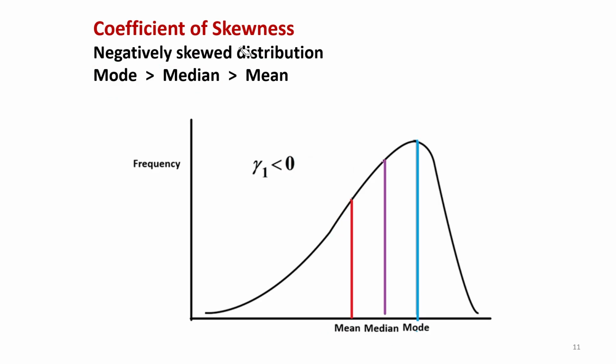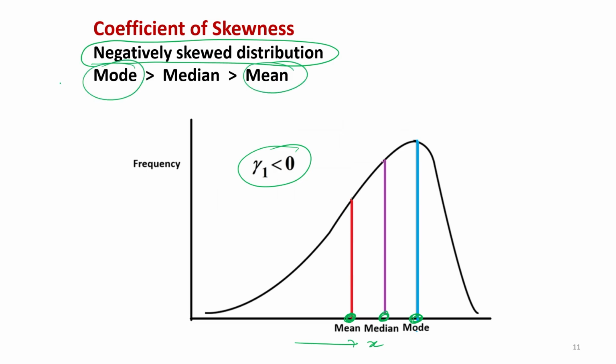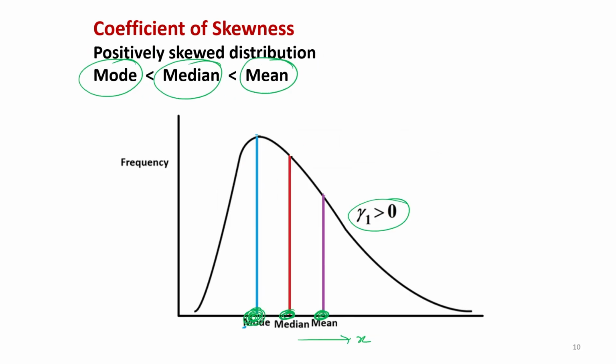And similarly, if you take the case of negatively skewed distribution, then in this case gamma 1 will be less than 0, but here this will just be reversed. Mean value will be somewhere here, median will be after this and mode will be after that. So if this is your x axis, then the value of the mean is here the minimum and the value of the mode here is the maximum, and median lies between the two, which is just opposite to this positively skewed curve.